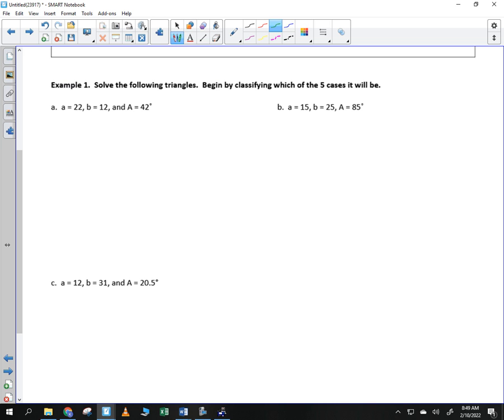I'm going to start by writing down my angles and my sides. Angle A, B, and C. Side A, side B, side C. Draw my triangle.